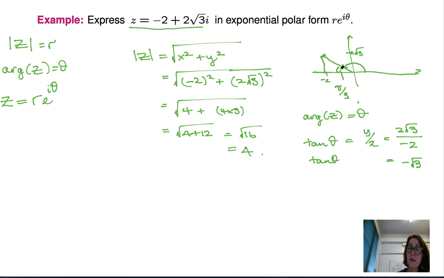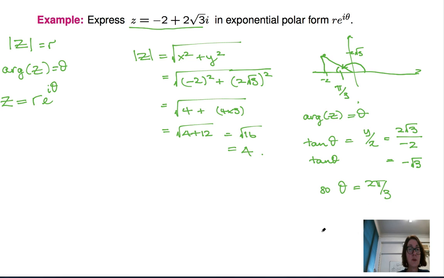So this angle is pi on 3, but we're in the second quadrant, so our angle theta is equal to 2 pi on 3, because it's going to be pi minus pi on 3, that angle there.